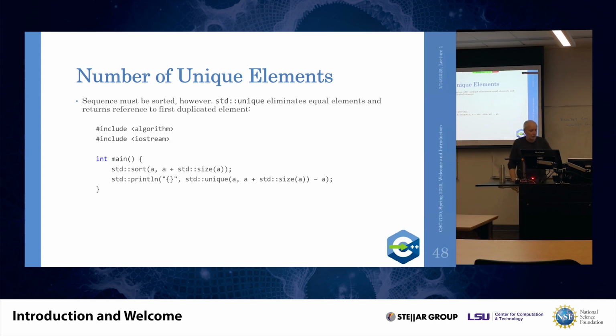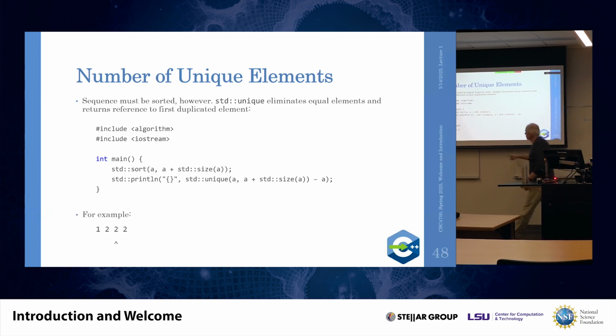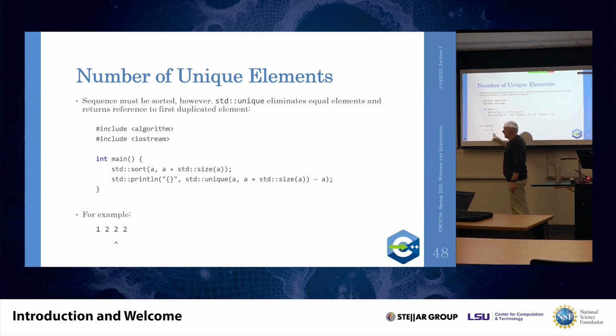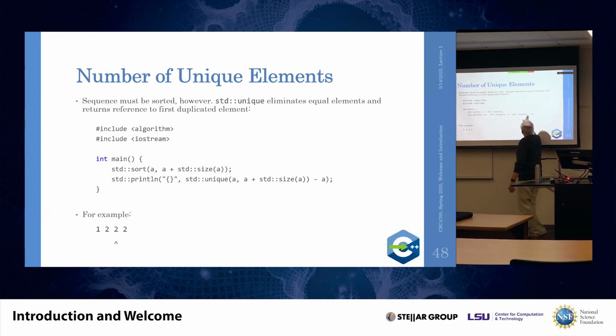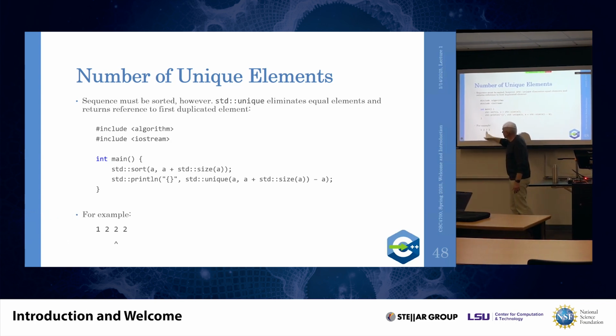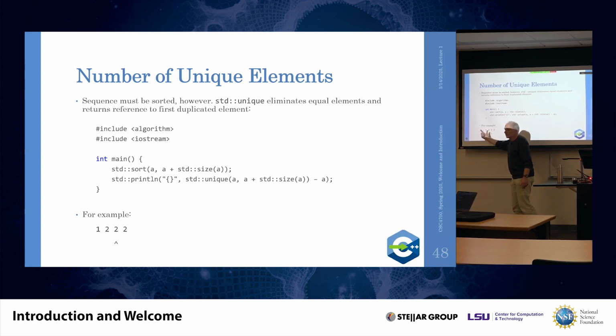So if I give it a sequence, it will tell me that here is the first unique element. So the distance of that element from the beginning gives me the number of elements I'm looking at. Right? In this case, 2. And that's why I'm subtracting A from whatever unique returns. Unique returns the reference to that element, and I subtract the begin, which gives me 2 elements in this case.